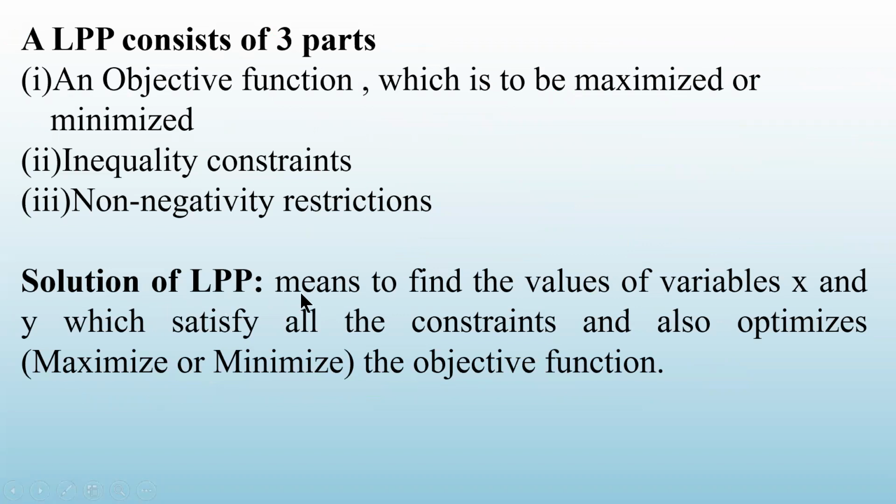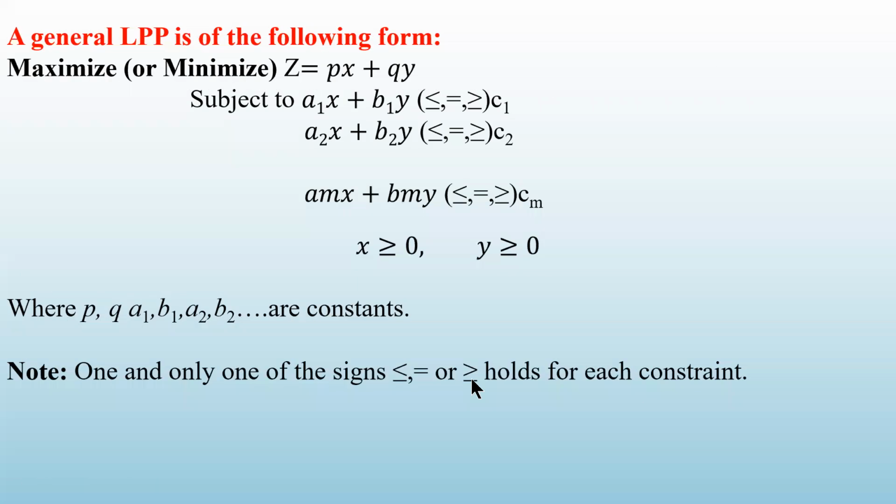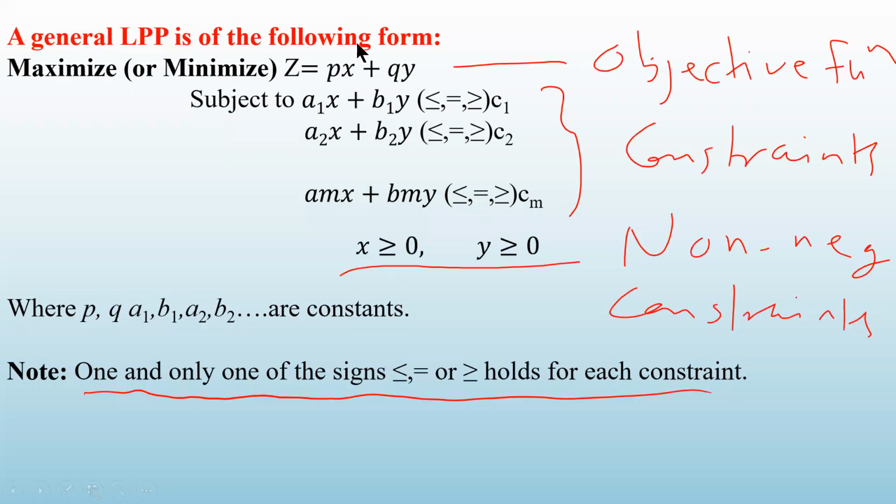It means to find the values of x and y which will satisfy all the constraints, x greater than or equal to 0, y greater than or equal to 0, and which will also maximize or minimize, as the case may be, the objective function.